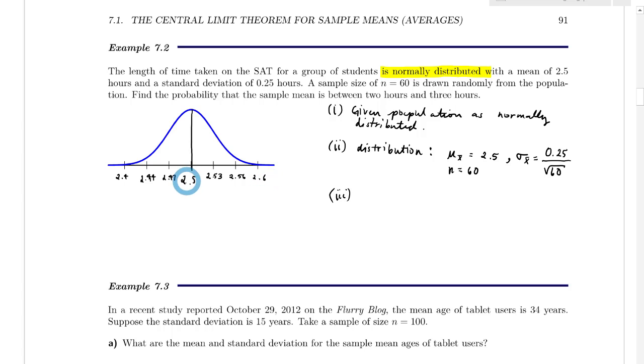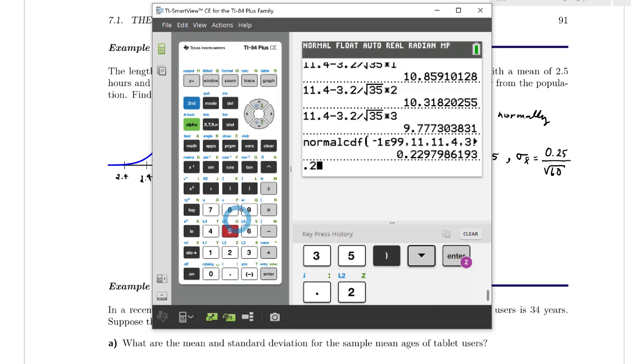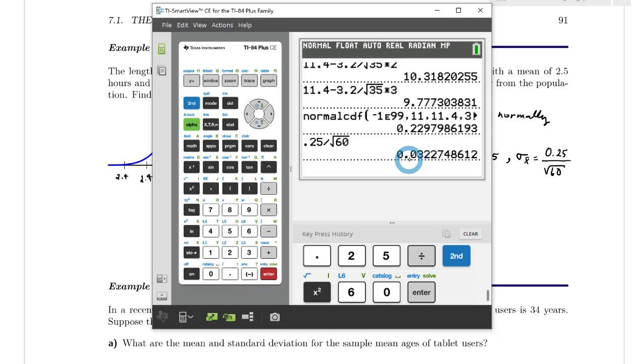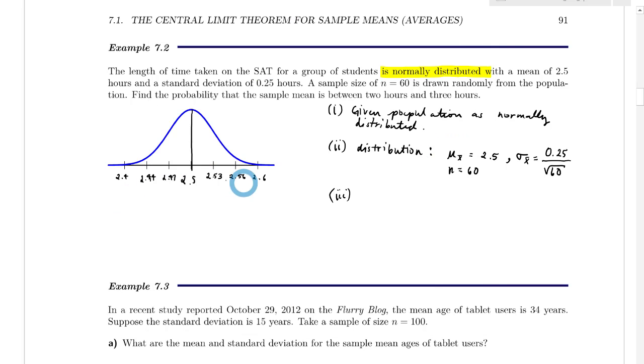You can see here that the standard deviation is already really small. If you divide that by the square root of 60 in the calculator, just to give you an idea of how small this is, it's 0.032, so you're adding and subtracting that on each side, so it's pretty small.